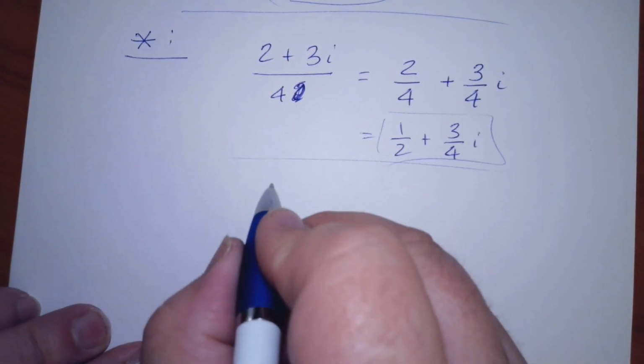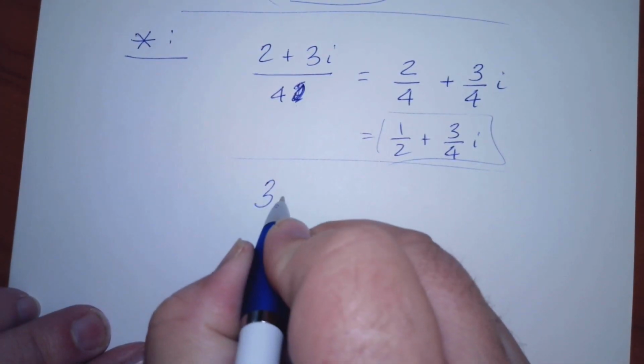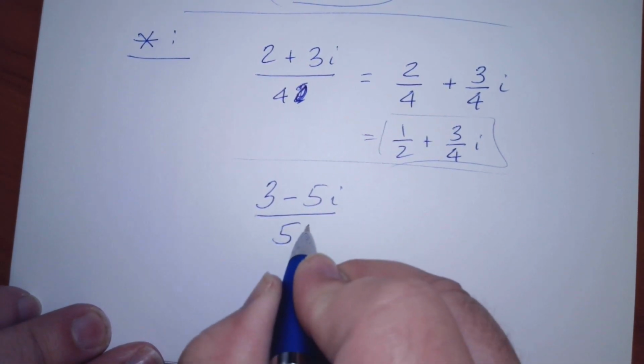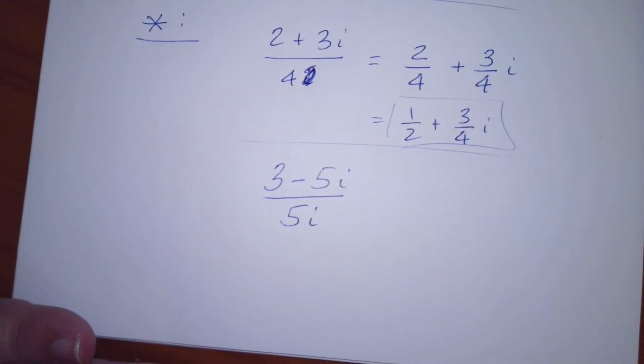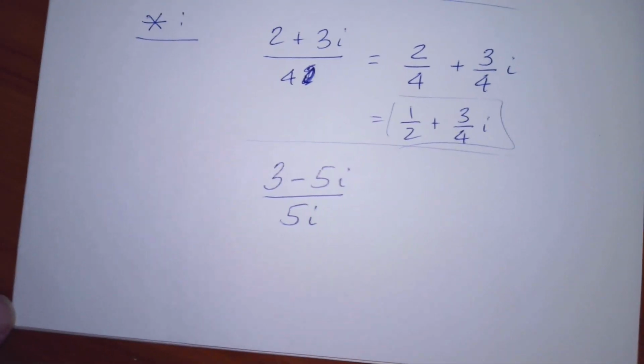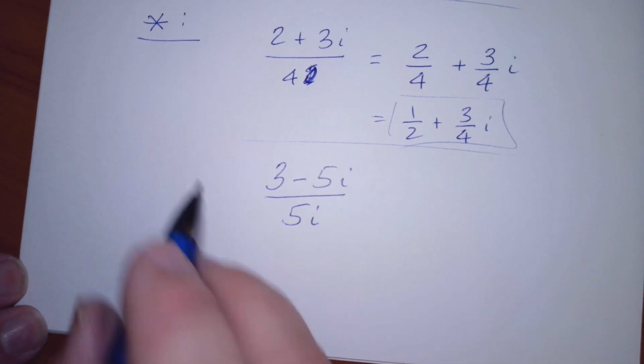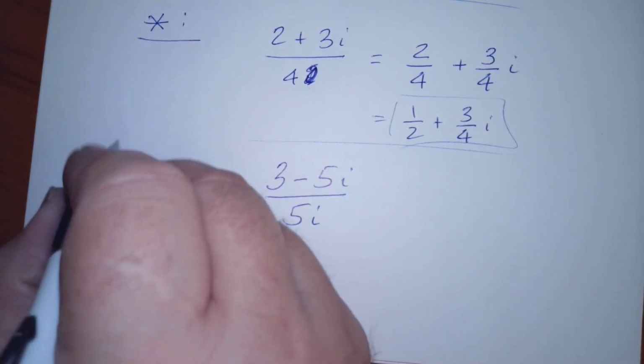Things change whenever we have an i on the bottom. Remember earlier in chapter 1 when we talked about radicals, square roots.